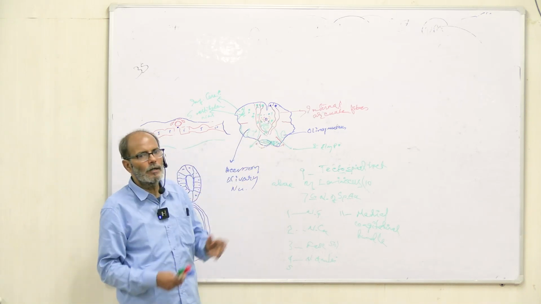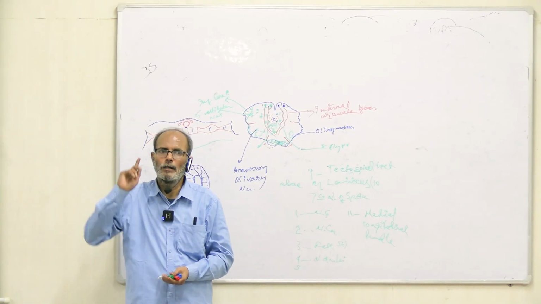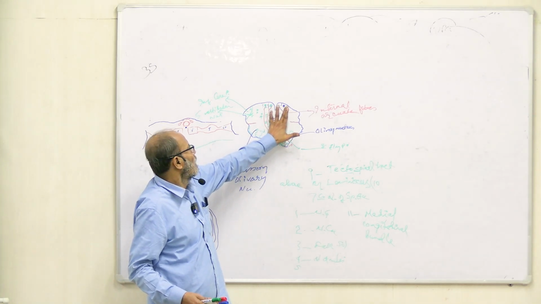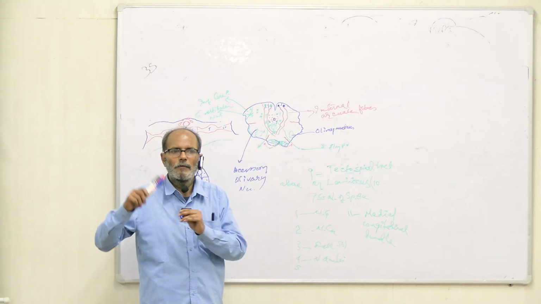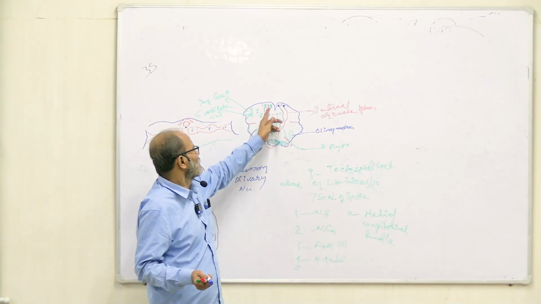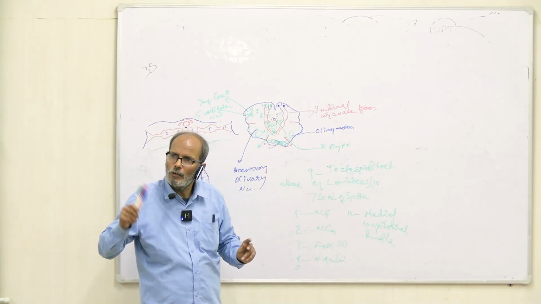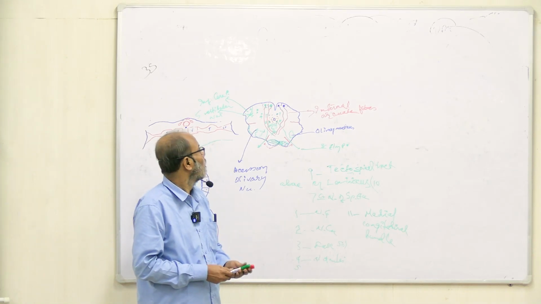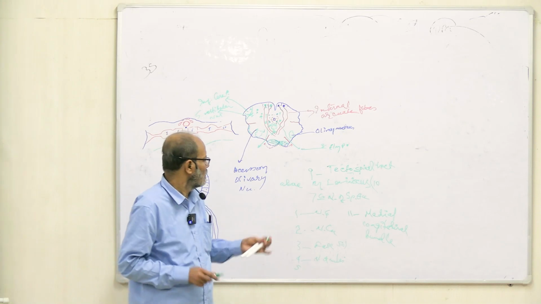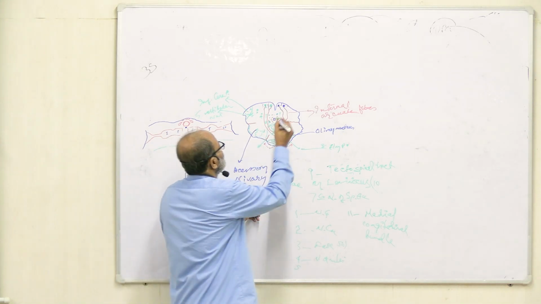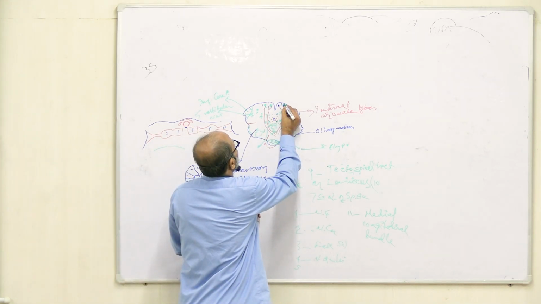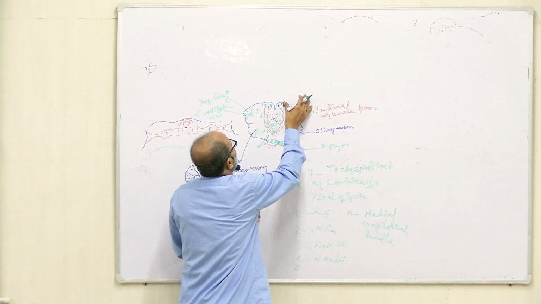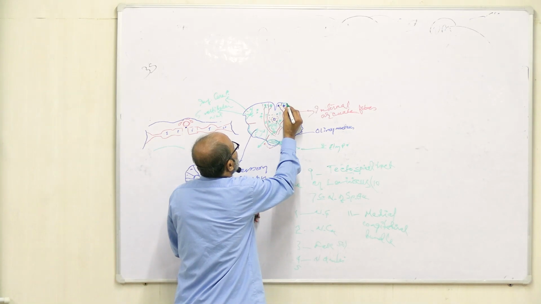Now, above the cuneate tubercle, you may find accessory cuneate tubercle. Remember, this is the cuneate nucleus, and above it is the fasciculus cuneatus. This is the gracile tubercle, above that is the fasciculus gracilis. Now you will see above the nucleus cuneatus, like the accessory olivary nucleus, there could be accessory cuneate nucleus, and this part is somewhat projected outwards.